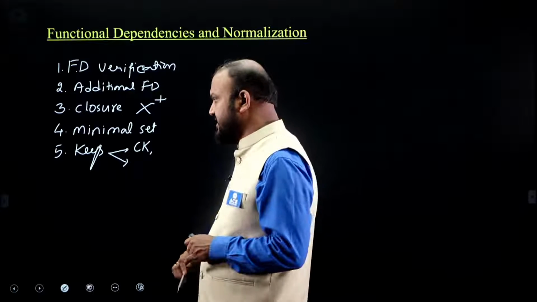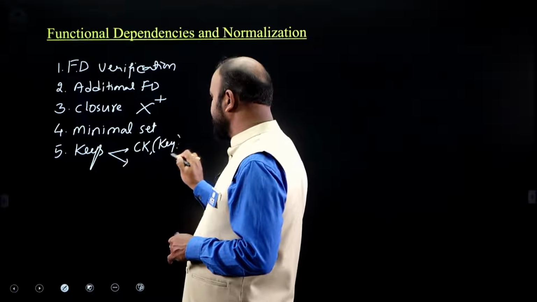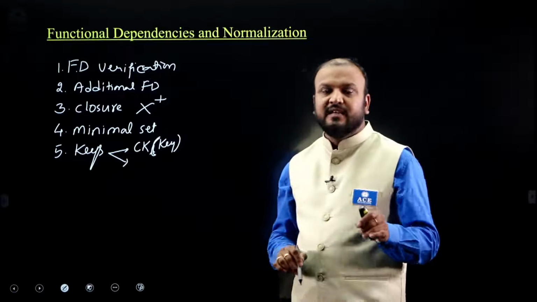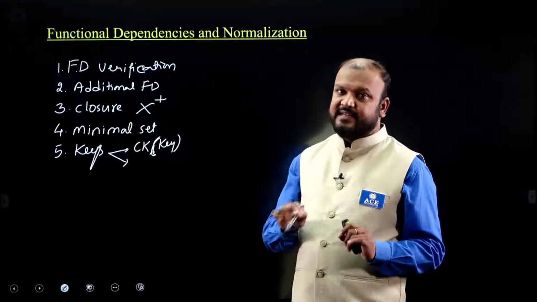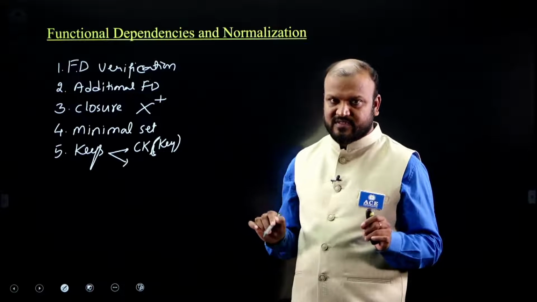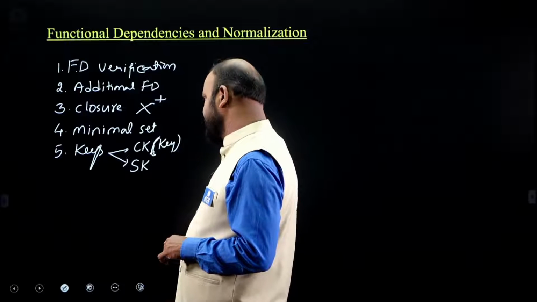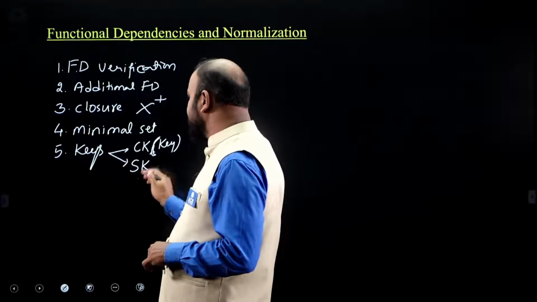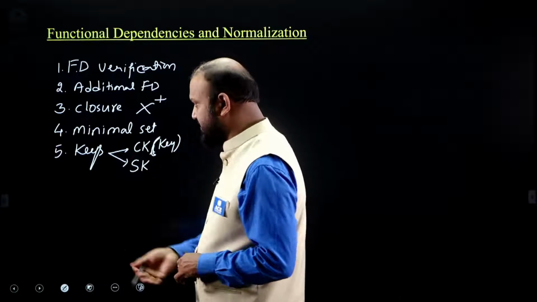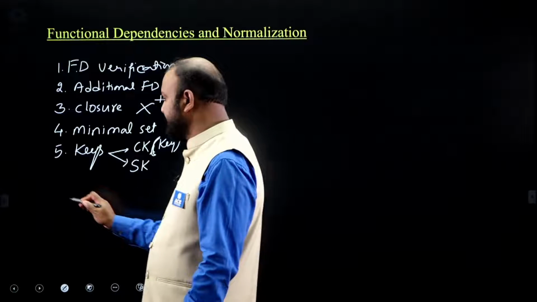Candidate key, in short, is also called key. Suppose in the paper they ask which of the following is a key, the key means a candidate key, because candidate key is also called key in simple terms. Questions are also asked on super keys. How many candidate keys and how many super keys questions were asked in the previous GATE many number of times. So undoubtedly it is very important.